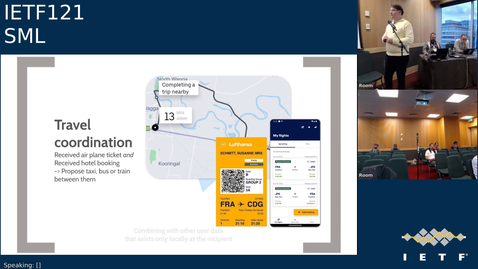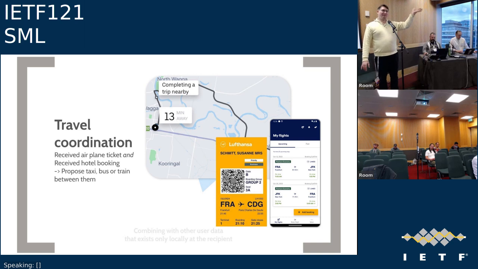That's an interesting one too. Travel coordination. When I came here, I spent almost a full day of work just to plan the trip, because I'm booking the hotel at booking.com, and I'm looking for the plane ticket at Skyscanner, and it sends me to Lufthansa. I'm booking there.